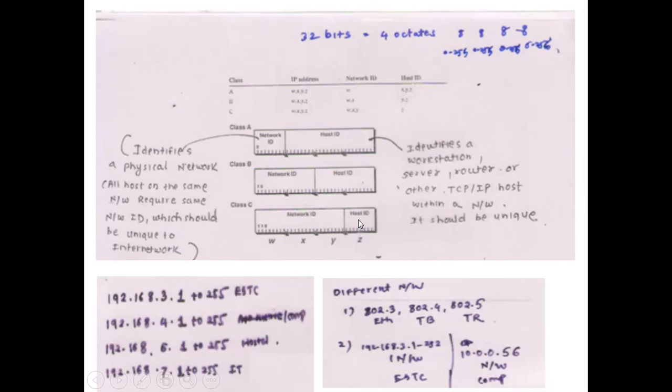So what is this network ID and host ID? A very simple definition: a network ID identifies a physical network. All hosts on the same network require the same network ID, which should be unique to the internetwork. What is the meaning? In the PICT campus, the entire campus uses class A IP addresses.